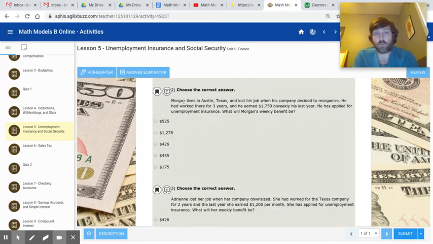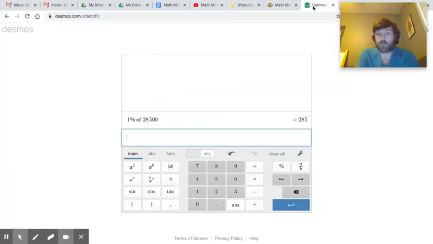And more of the same. Morgan lives in Austin, lost a job, and worked there for 3 years. He earned 1,750 bi-weekly. So we need to multiply that to find the total. That's going to be times 26. And then we're going to do 1% of that. So let's do 26 times 1,750, and then we're going to do 1% of that amount.